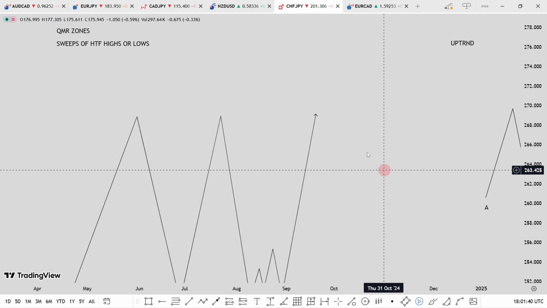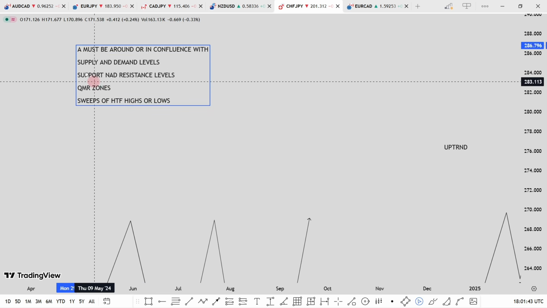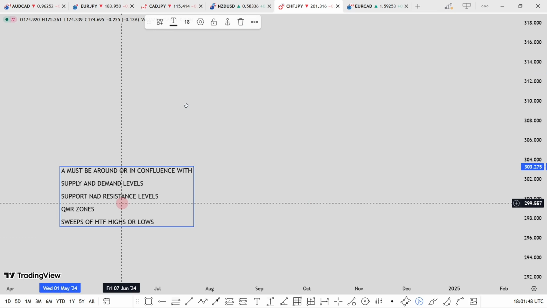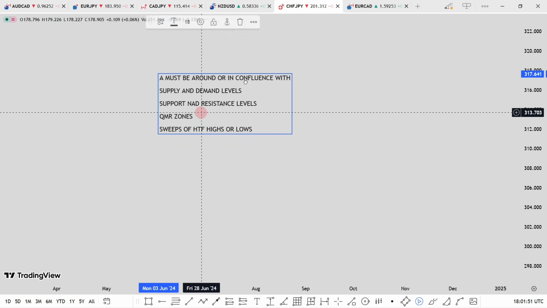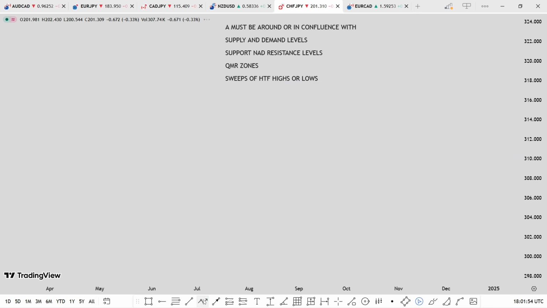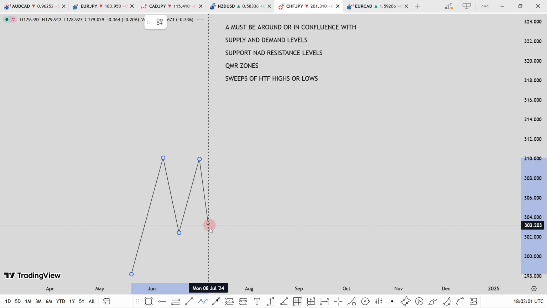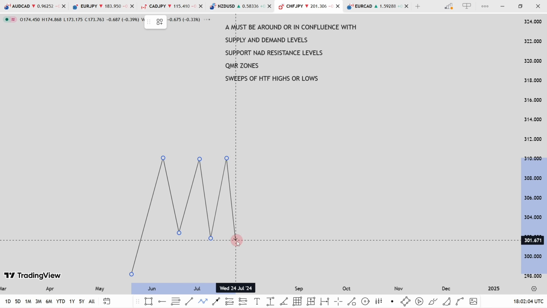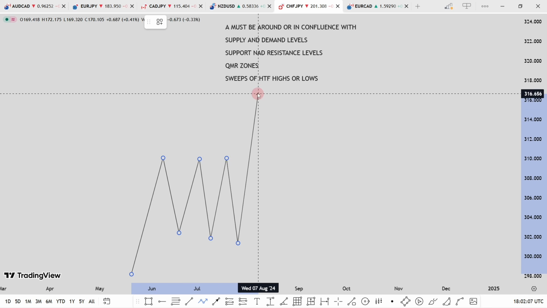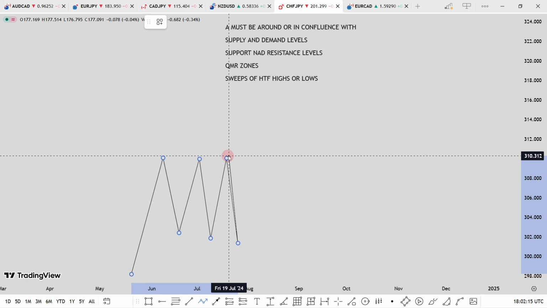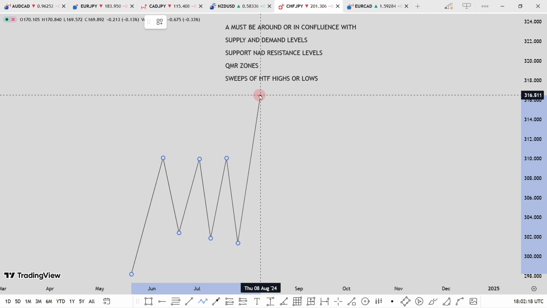So let's talk about the one where we have support and resistance. With an uptrend, the move to the upside like this, we want a level of resistance, and at least if you get two moves to the upside, two retests is okay, or three retests makes it a very strong resistive area, unlike a single resistance level.